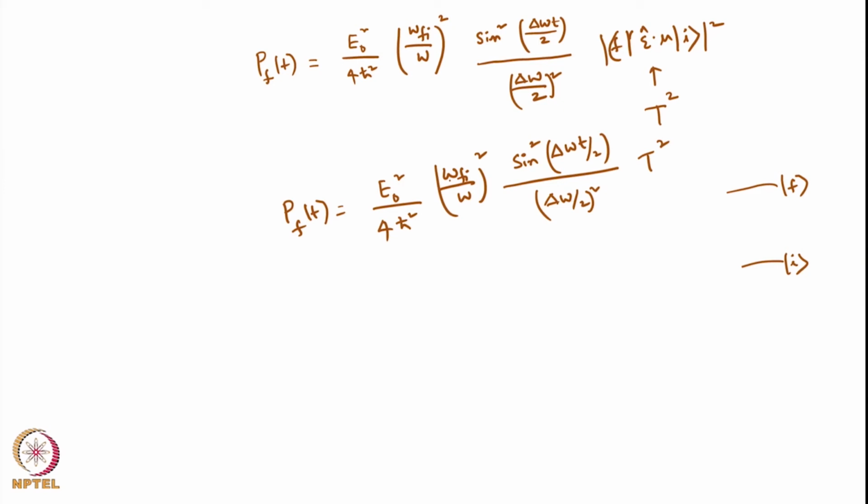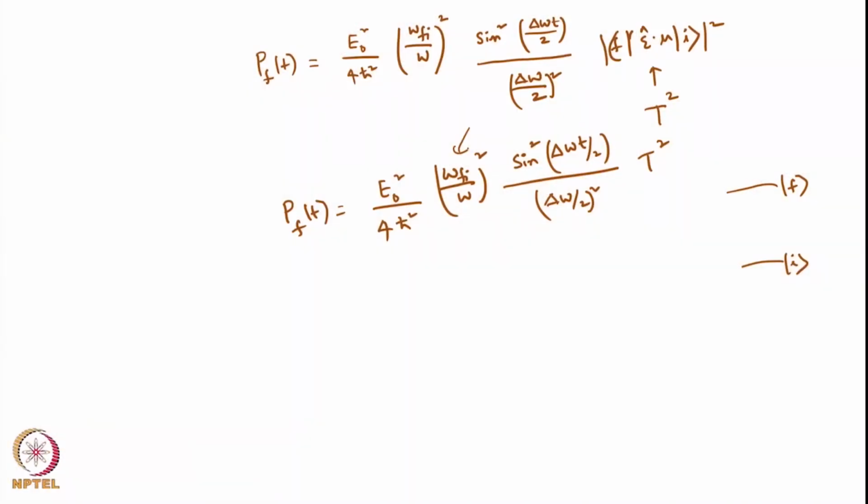For example, if you are recording an absorption spectrum with visible light, then your wavelength will change from 400 nanometer to 800 nanometer, and correspondingly the frequencies will also change. So omega is a varying function, omega Fi is fixed but omega could vary, so this ratio will vary.